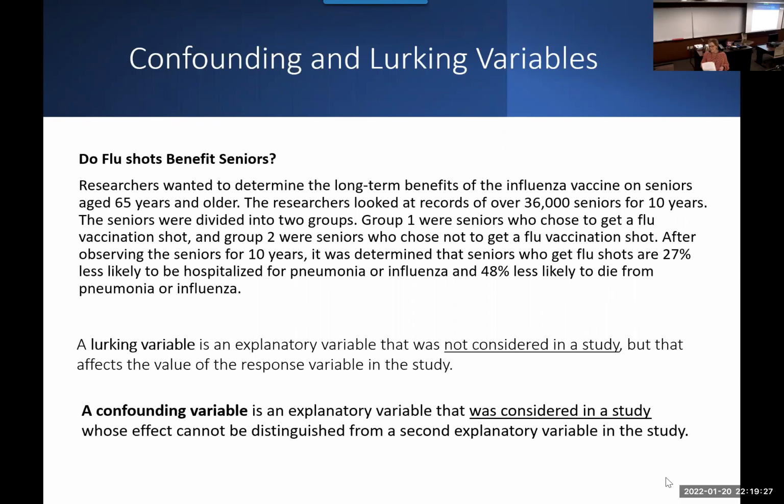In that study, she had one class in the morning and one class in the afternoon. Now, the confounding variable here was the time of day for the study, right? The early morning, just like y'all, maybe a 9 o'clock class, compared to maybe a 1 or a 2 o'clock class.